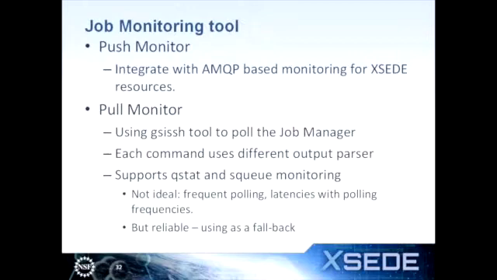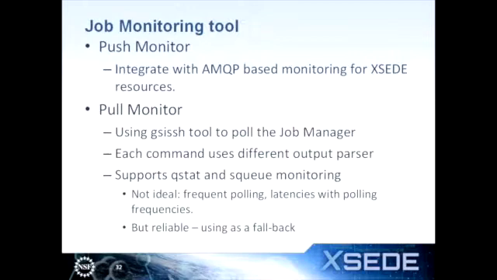Likewise, we have done some optimization to make sure that we don't stress the head node too much. With PBS we support qstat, and with Slurm we support monitoring jobs using squeue.